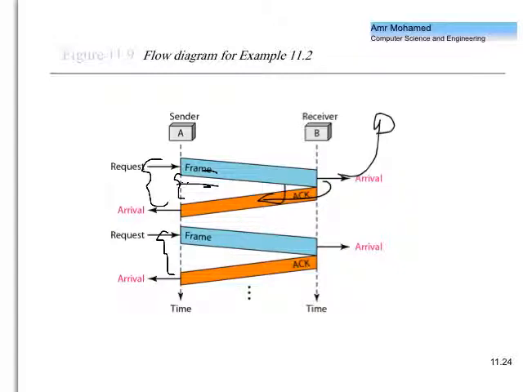So I need, as I said, the two protocols that we talked about are two extremes. One is the simplest and it does not have any flow control. This is the stop and wait, which is very conservative, very strict. It does flow control, but in the worst case possible. Why? Because for each single frame, I have to wait for a very long time until the acknowledgement happens, which does not really give me the flexibility to utilize the channel efficiently.